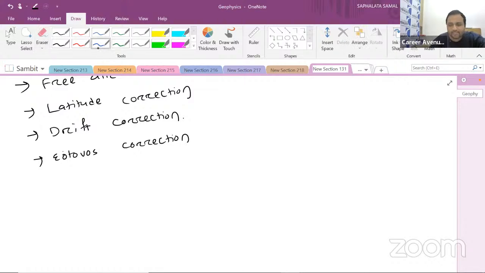Let's say it's an undulating surface. A mountain is there, a valley is there. Suppose you are measuring the gravity data at this particular point. This is the mountain. This is the valley. They are called the terrains.